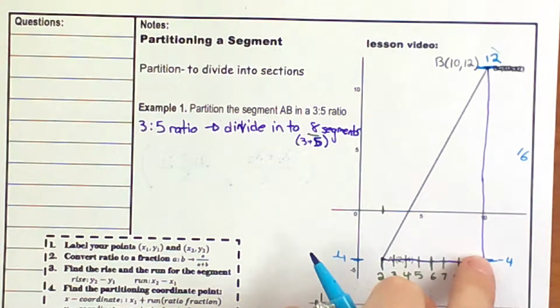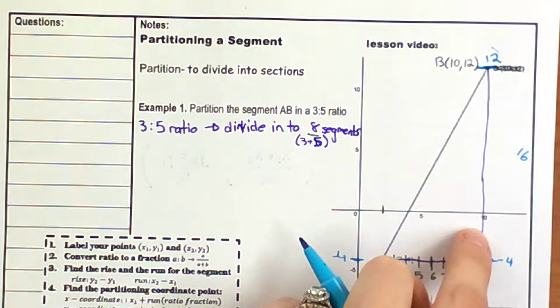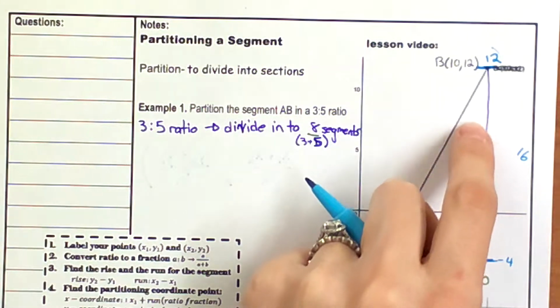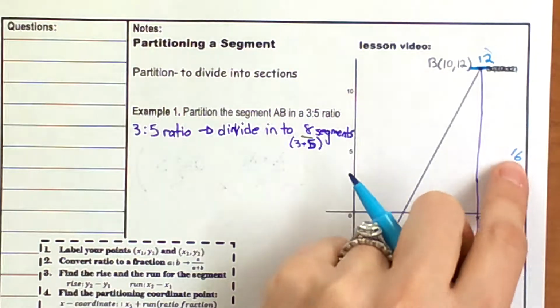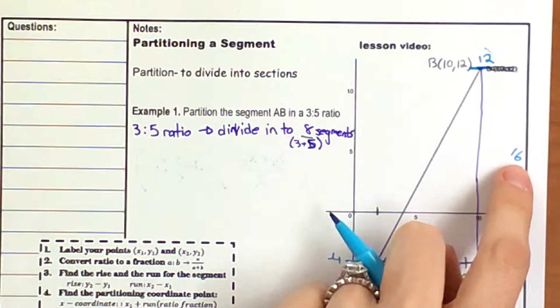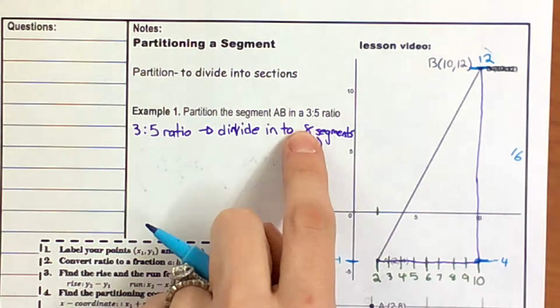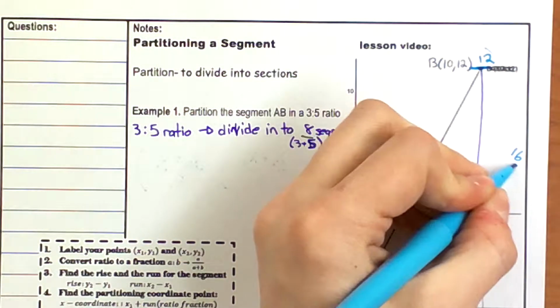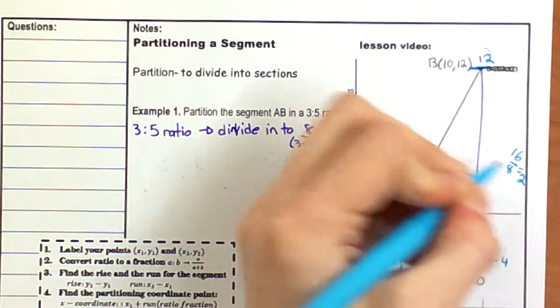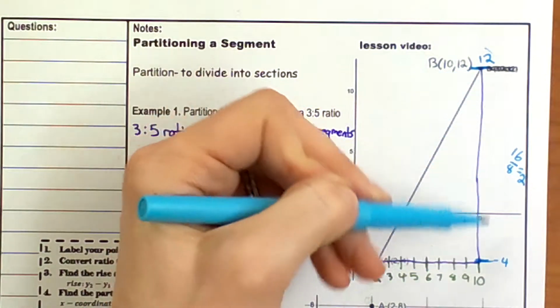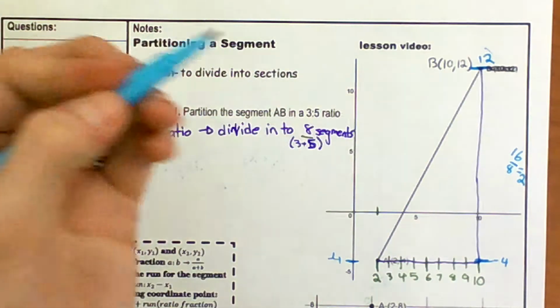16 numbers: -3, -2, -1, 0, 1, 2, 3, 4, 5, 6, 7, 8, 9, 10, 11, 12. That's 16 spaces, and we want to divide those 16 spaces into 8 segments. 16 divided by 8 is 2. So we want to go up by 2 to break this line into 8 pieces.